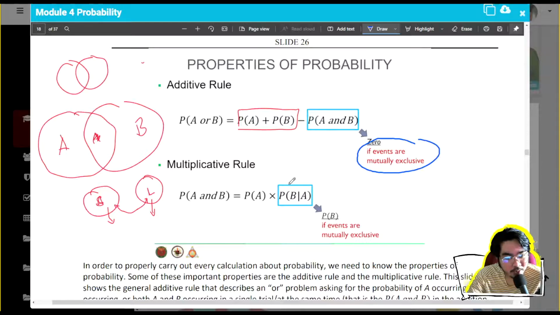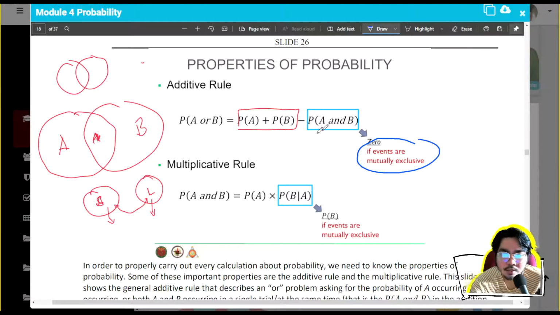Because it matters. But again, most of the time in MMME14, we treat events as mutually exclusive, and therefore the probability of B given A has occurred is just equal to the probability of B.